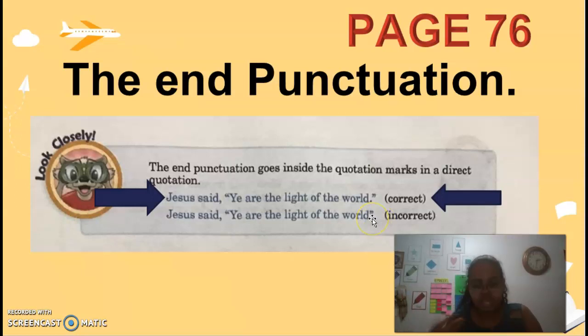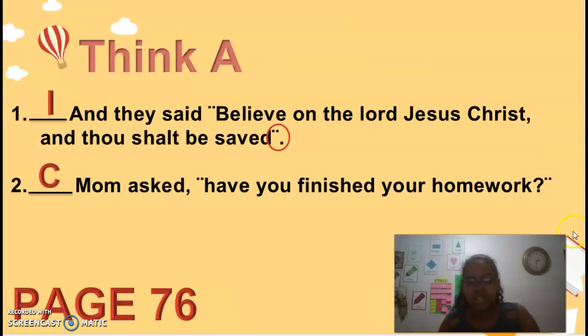Also, when we are using question mark or exclamation point, it is the same. Here, you are going to work in exercise Think A. Number 1, they said, "Believe on the Lord Jesus Christ, and you shall be saved."